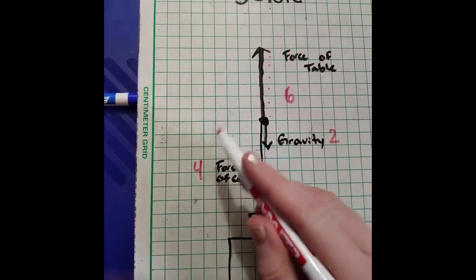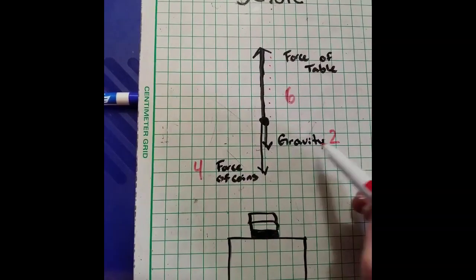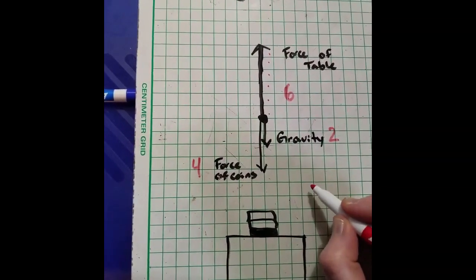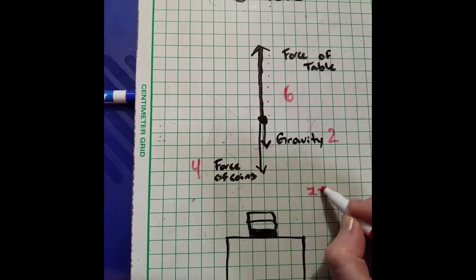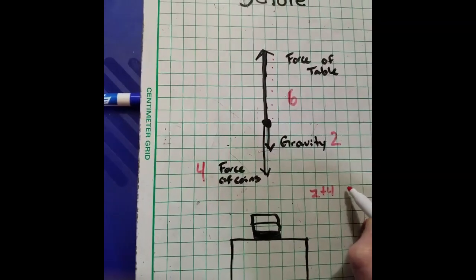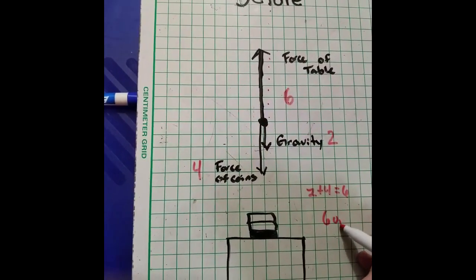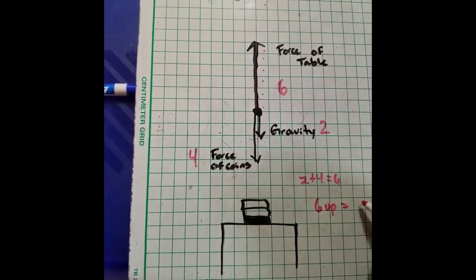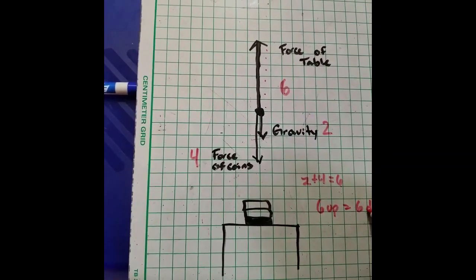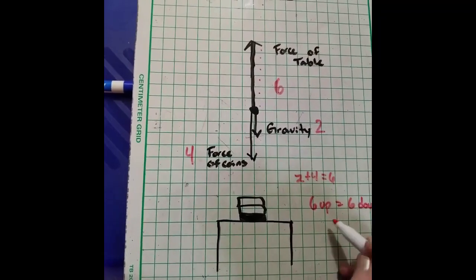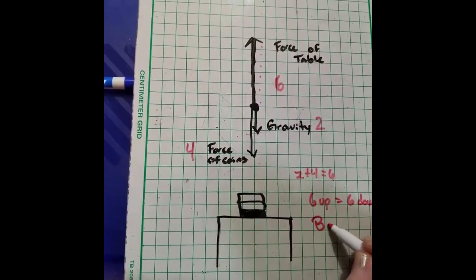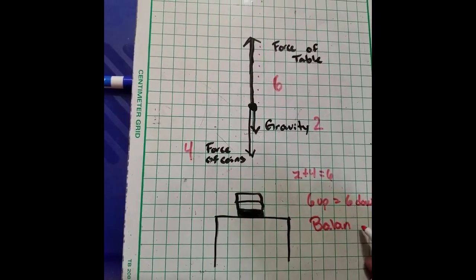And when we add these up, 2 plus 4 equals 6. So we have the 6 going up equaling the 6 going down. So things are balanced.